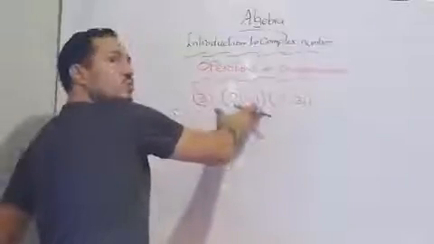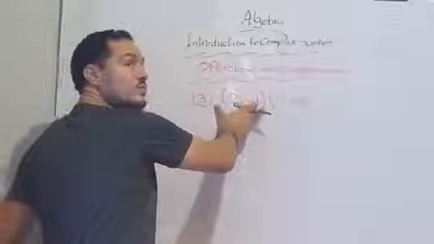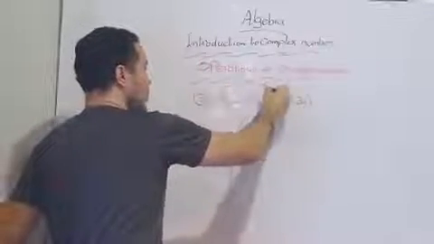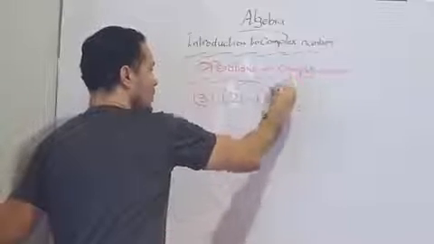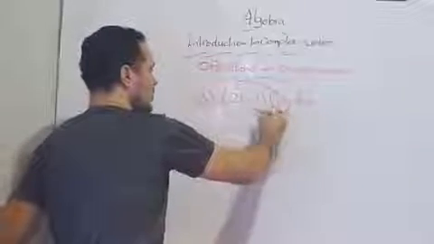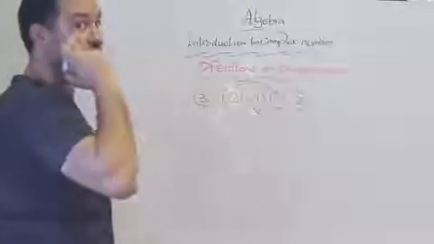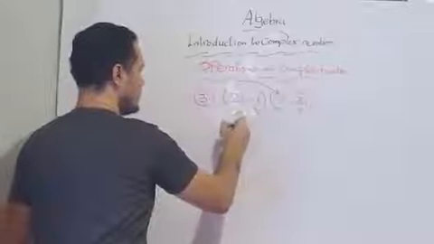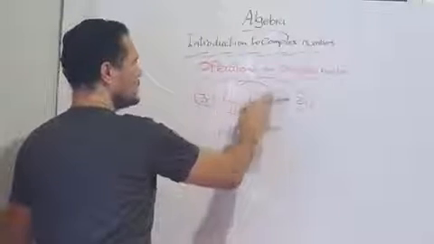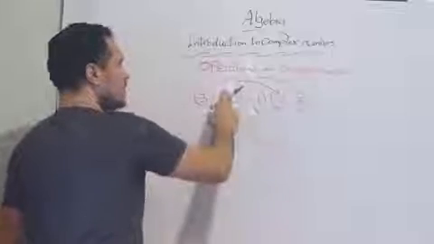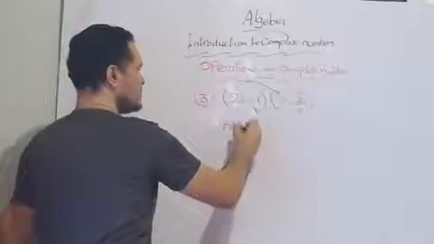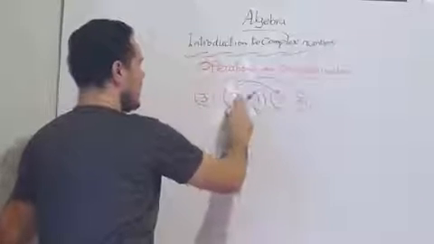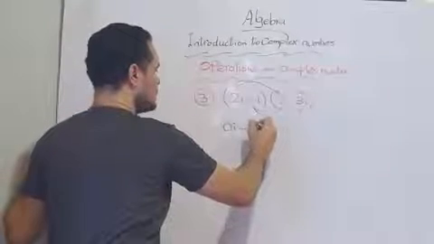We know that to get the value of bracket times bracket, you must multiply the first by all and the second by all. Okay, let's try to get the value. 2i times 3 equals 6i. 2i times negative 3i: positive times negative equals negative. 2 times 3 equals 6. i times i is i power 2.